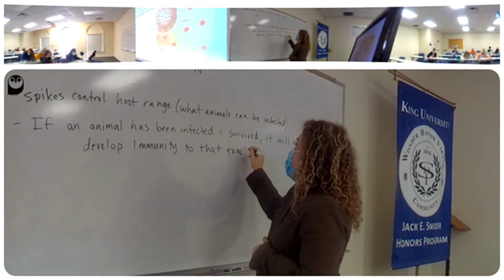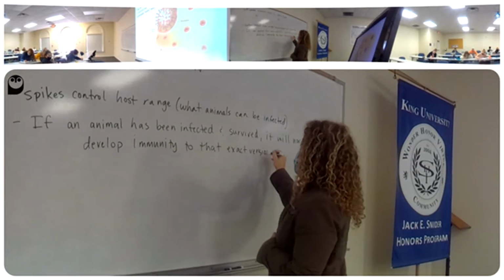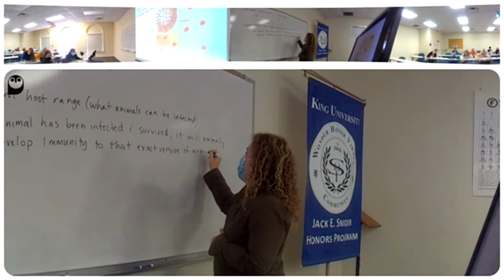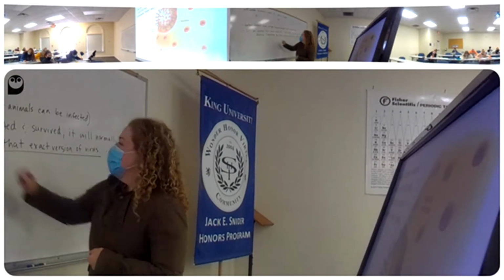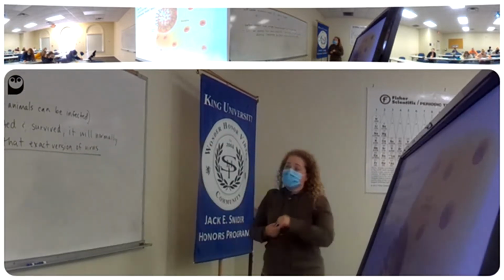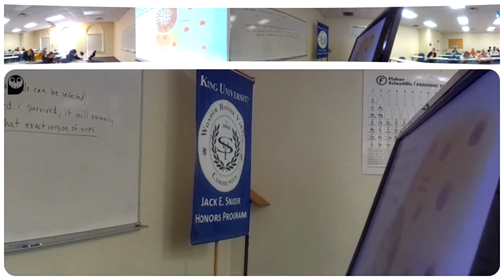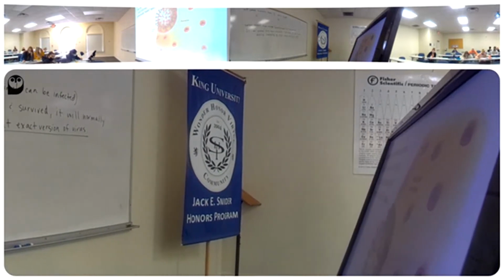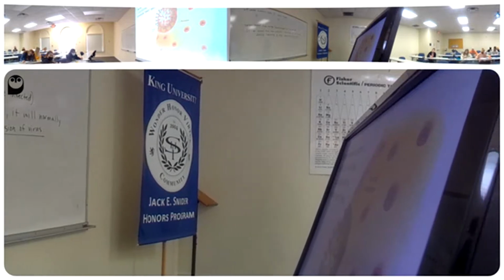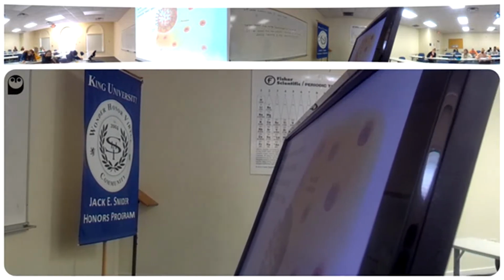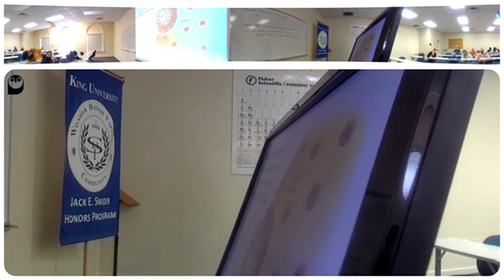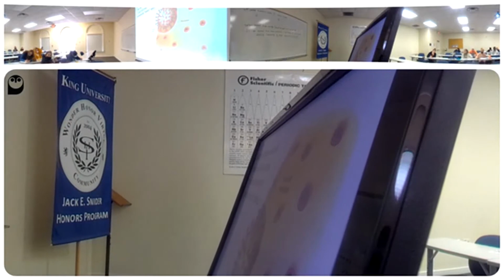Or let's say to that exact version of the virus. Like for me right now, I know I had COVID at the start of the semester. And if COVID acts like a normal virus, I ought to be immune to it, to that particular exact version, which is probably Delta, that I just had, because I survived.